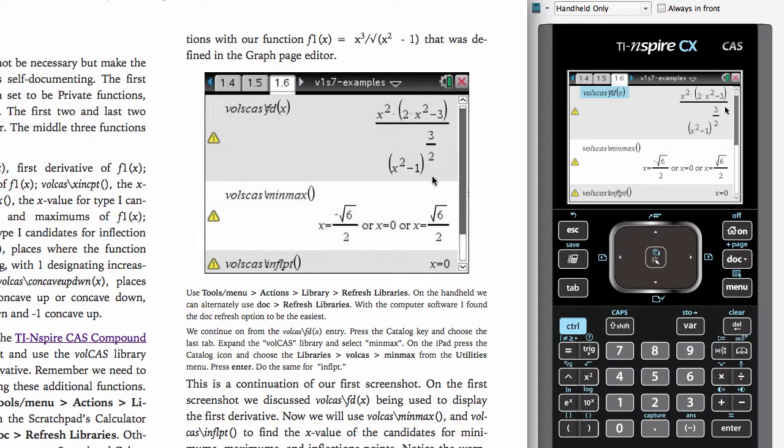Here we have the information being shown on our calculator, and this is the same information shown over here. Notice the various warnings. You're again going to have to deal with these warnings.